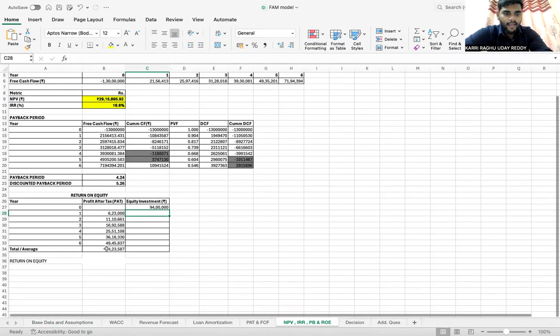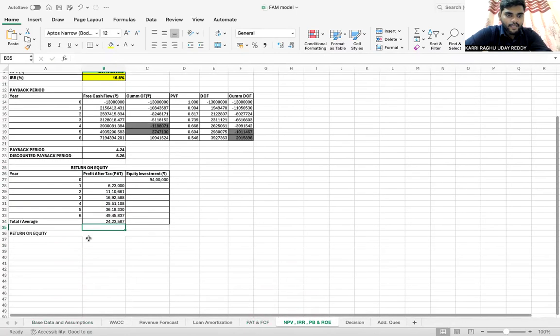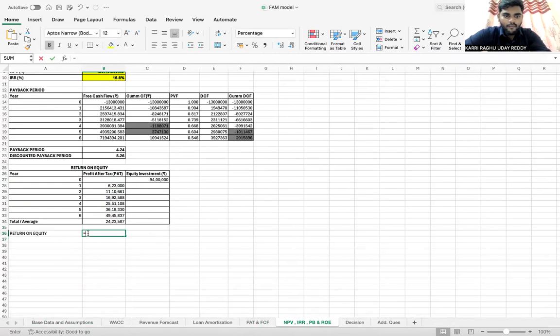Now the average of this profit after tax will give you the average PAT. Now the return on equity formula will be average profit after tax divided by equity investment. We are getting 25.78% as return on equity.